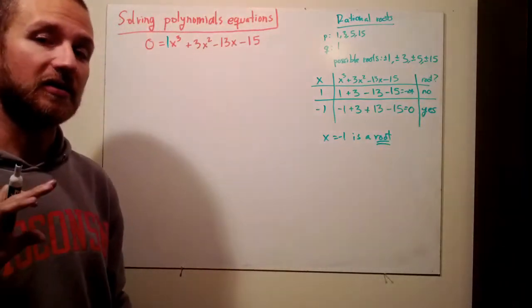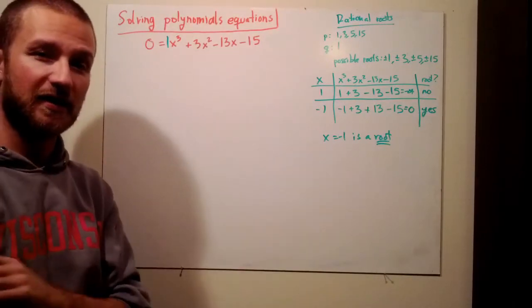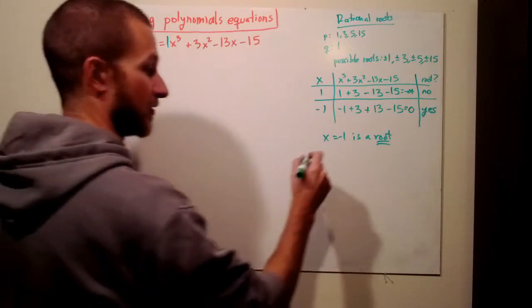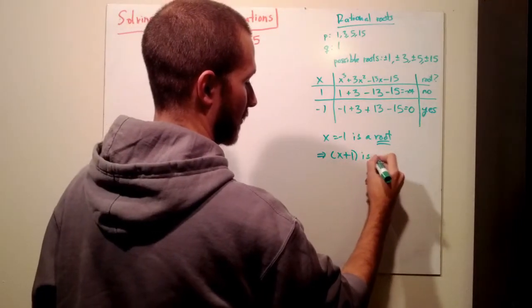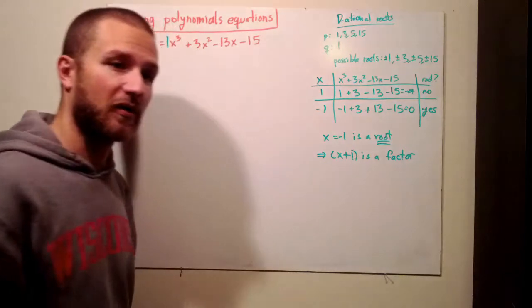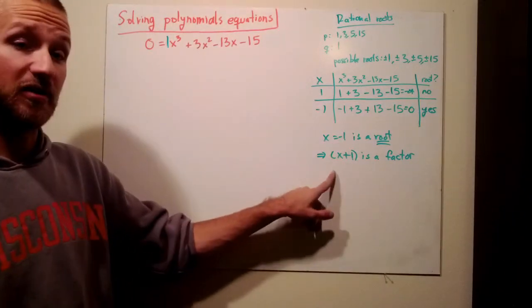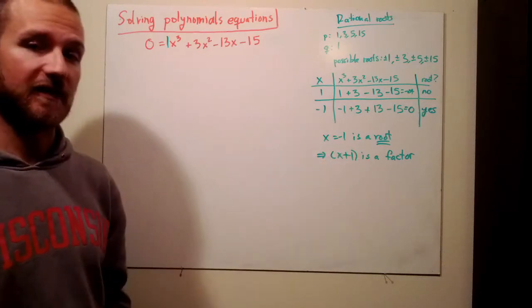Okay. So now how I'm going to turn this into a factor is that if I plug in negative 1 to some factor, I'm going to get 0 out. So it must mean that x plus 1 is a factor. And that can be a little point that can catch some students here: negative 1 is not the factor, x equals negative 1 is the root, but x plus 1 is the factor.